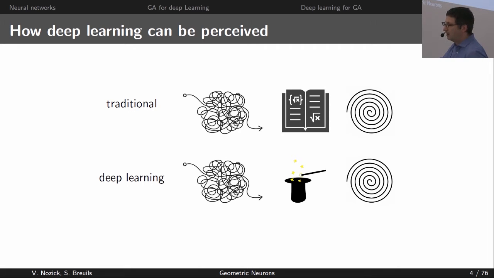At the end, we have something that works, but we do not know exactly why. And I understand that some people do not like it. So what I hope during this talk is we can try to think about deep learning as something a bit more than magic, and just try to think about how to use it as a tool.